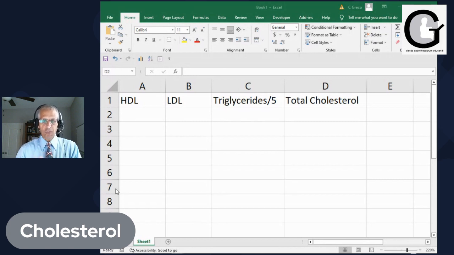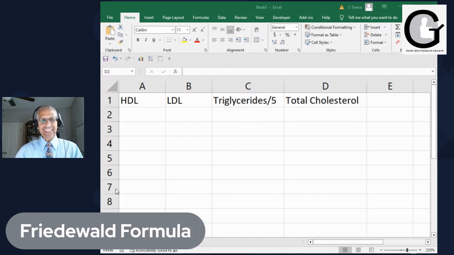I think it's Friedewald. Anyways, this thing has been around since 1972. 1972, folks. It's half a century old. That's the way this thing has been going.